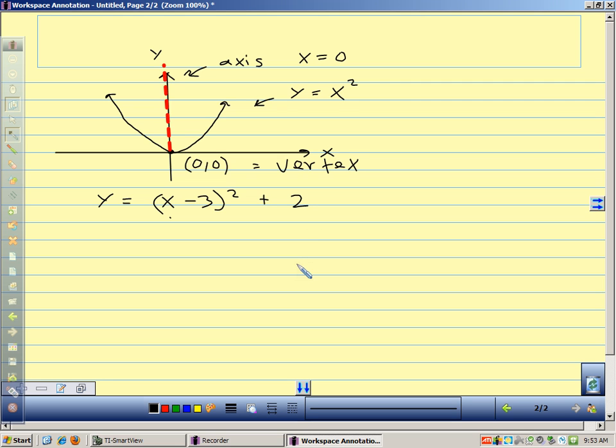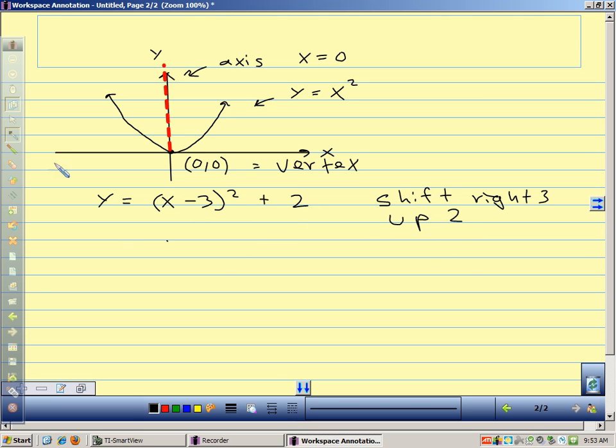What does that do to the graph? Peter says it shifts it to the right 3 and up 2. So these numbers here give us a shift in our graph. So it's a shift right 3, up 2.